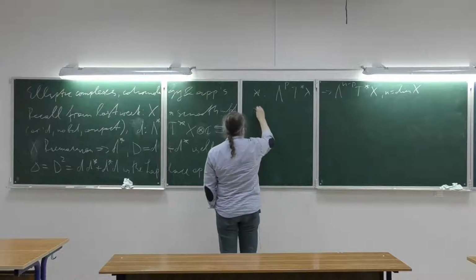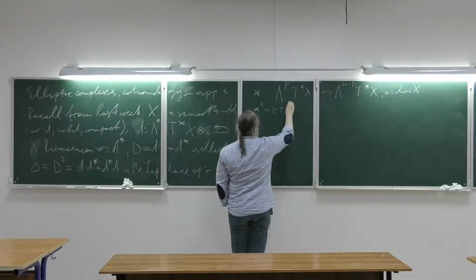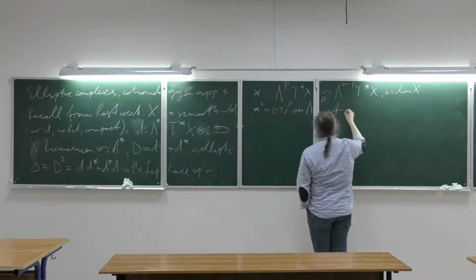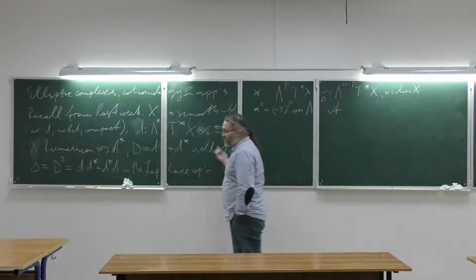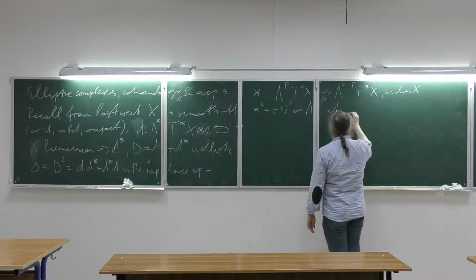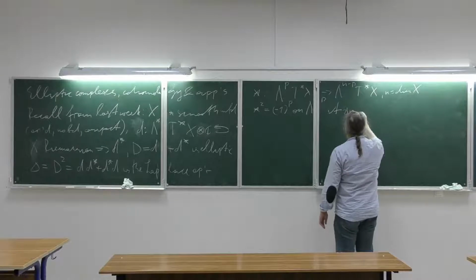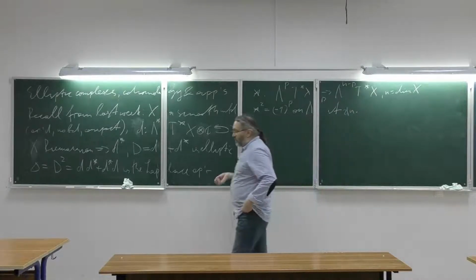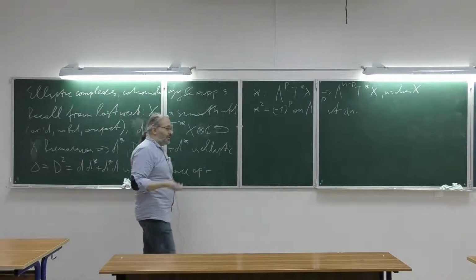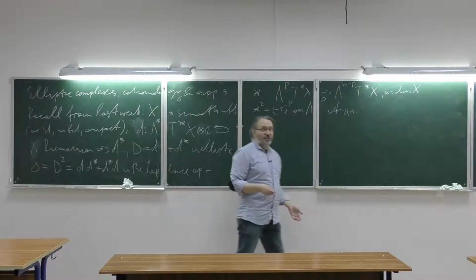And the operator squares to something, and the something is minus 1 to the p on p-forms, if the dimension is even, and this will suffice for our purposes.